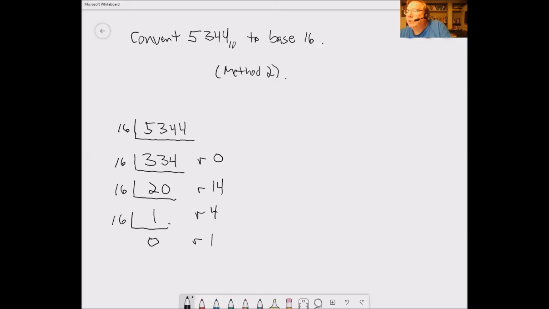Using this fancy algorithm, I can tell which step is my last by the fact that I'm taking something smaller than 16 and dividing it by 16, and I get 0. And that entire thing I was dividing by 16 is my remainder. Now what I want to do is read this from the bottom up. 1, 4.